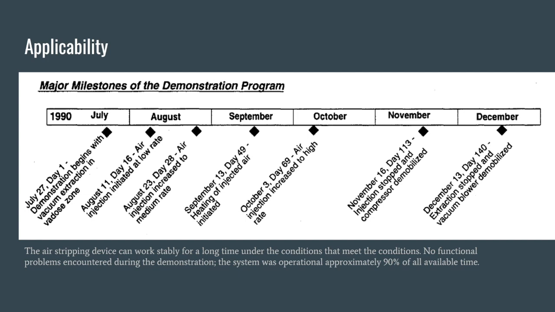The system was operational approximately 99% of all available time. The table shows the air stripping system working and the maintenance process in half a year. We can find that the system was in the maintenance process for less than 1 month, but it was functional for the other 5 months.